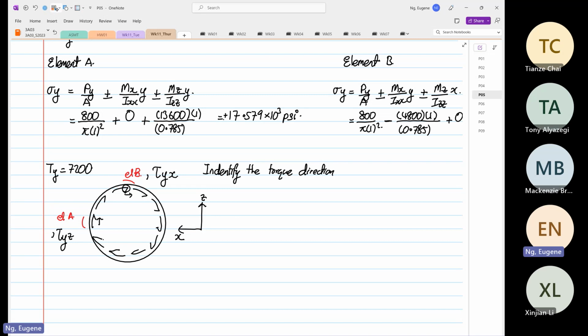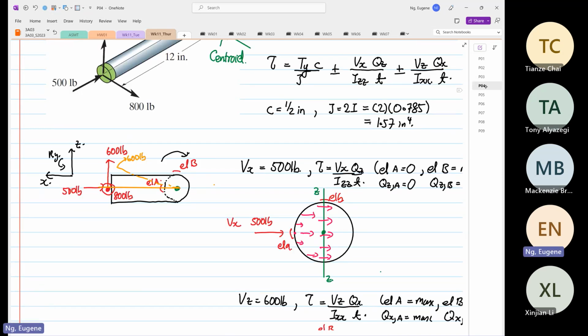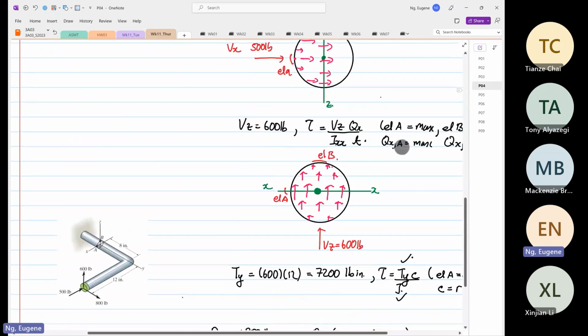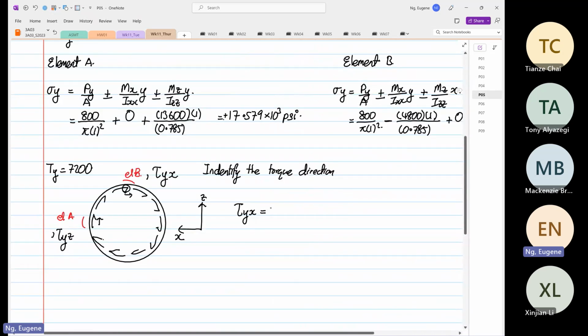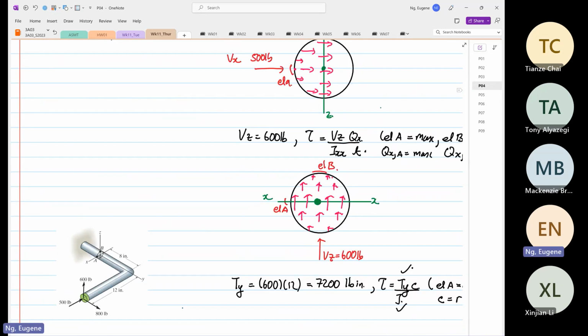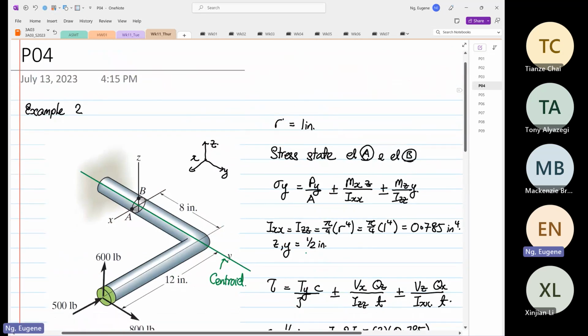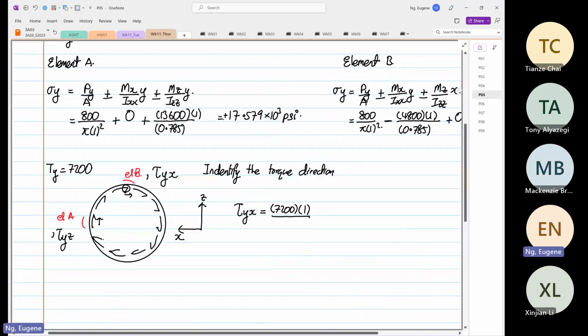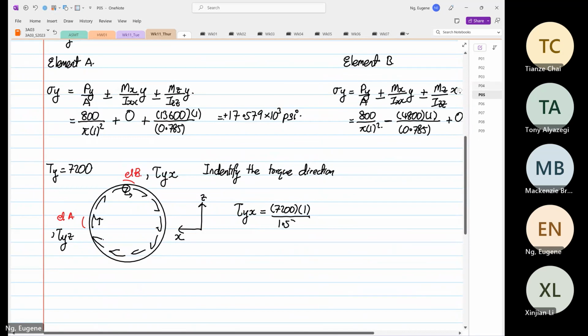So now we are going to declare shear YX is equal to the torque, which is equal to 7200, the radius is 1, and J is twice I, which we have calculated, which is 1.57. You have to take note of the direction.